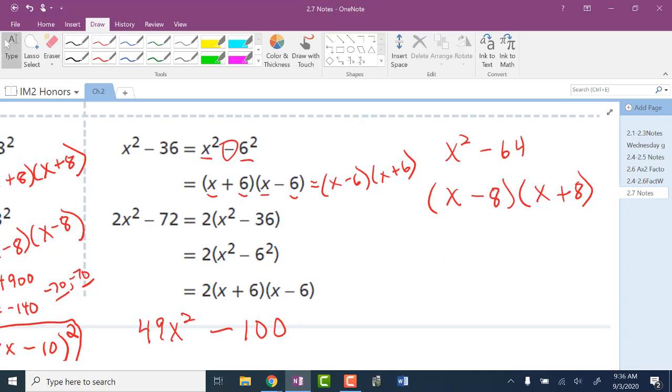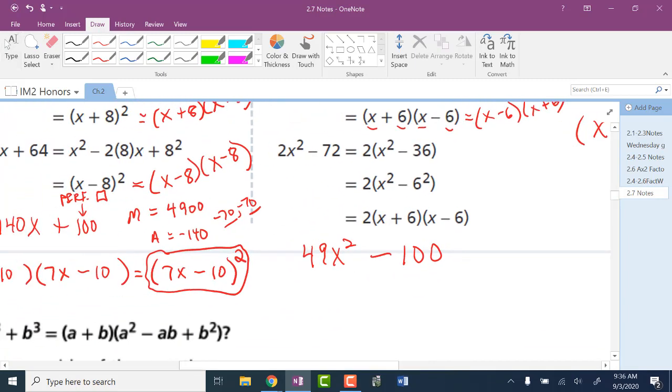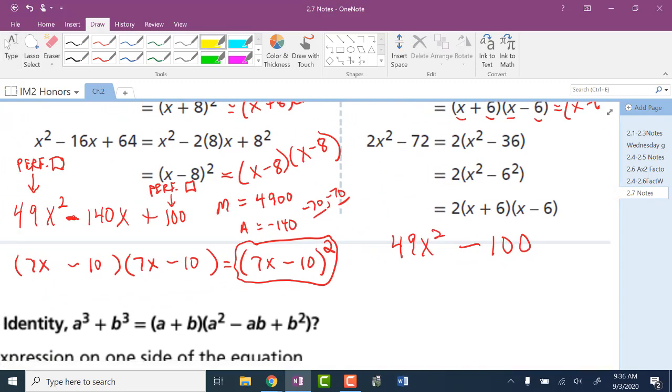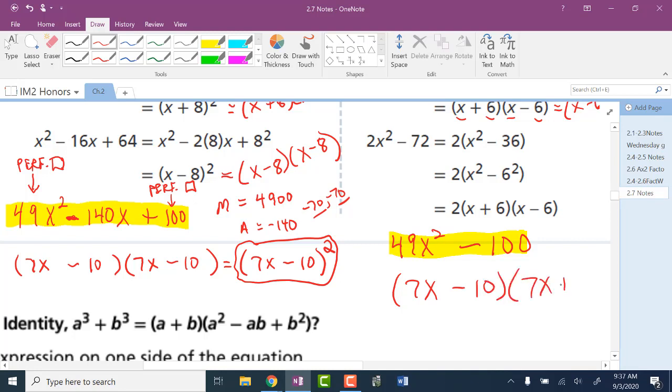And then I did this on purpose. I made this one up, and I want to show how it's different than this one. This has a middle term, and the last term is positive. This does not have a middle term, and there's a minus in between. So is this a difference of two squares? 7x is the perfect square of 49x squared. 10 is the perfect square of a hundo, but it's plus minus or minus plus.